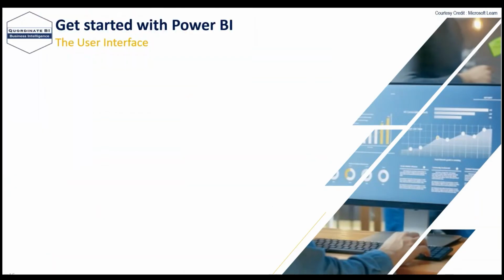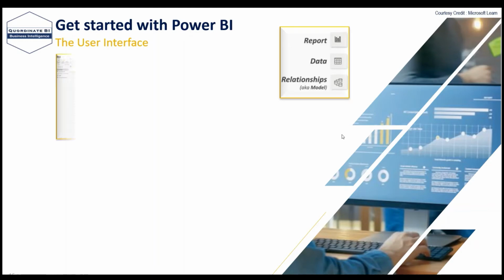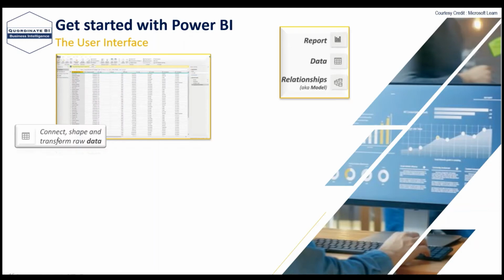Continuing to understand the user interface, it's very important to understand the connection between the three views of Power BI: the report view, the data view, and the relationship, which is through a model view. In the data view, you get to see the data sets, where you import the data from any data source.